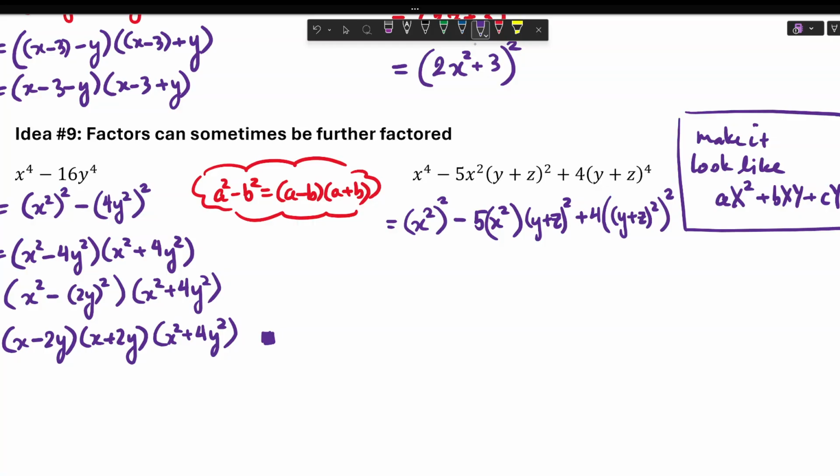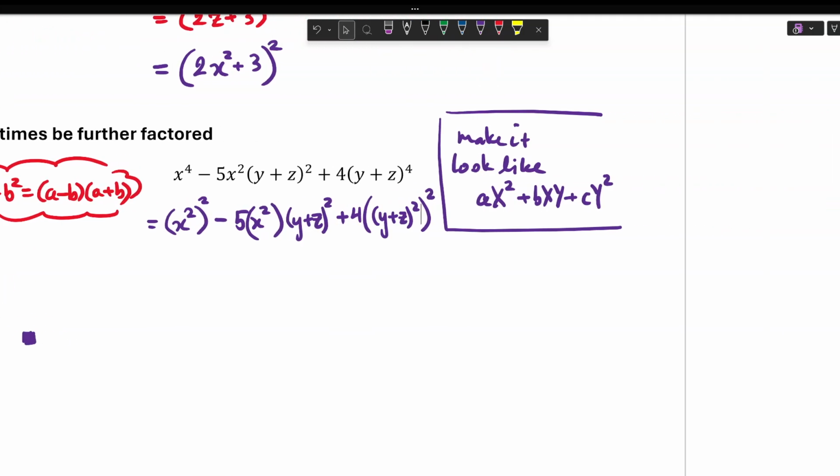Okay, let's do some substitutions now. I'm going to write in red because it's not mandatory, but might help you if you're struggling to see it. So let's say a is going to be x squared, and let's say b is going to be y plus z squared.